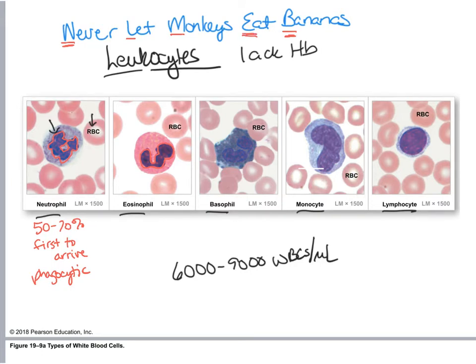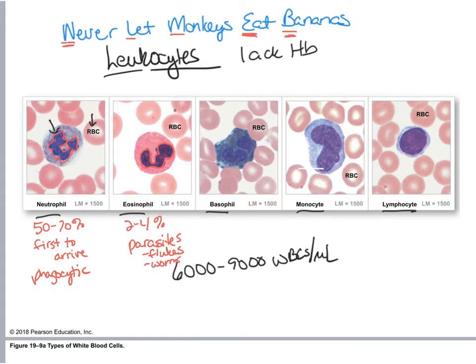They're not very common, and they make up about 2 to 4% of the circulating white blood cells. They are going to defend the body against parasites like flukes and other parasitic worms.